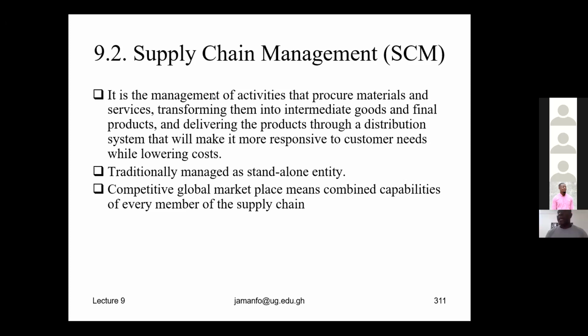So anytime you enter a retail shop, ShopRite, Melcom, the big ones, at the entrance, turn and look at the size of the doors. You see some metal standing there. They are scanners. So if this item has not been scanned and you take it through that entrance, because the code is active, active.